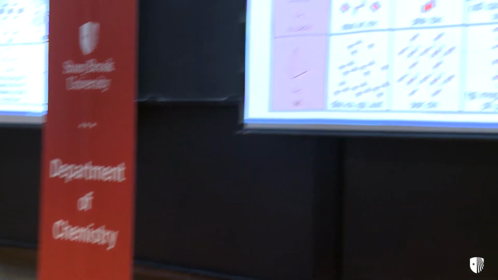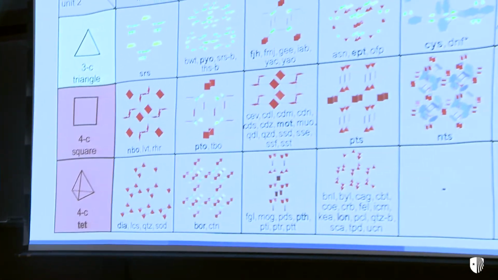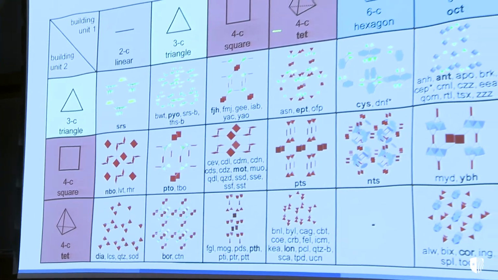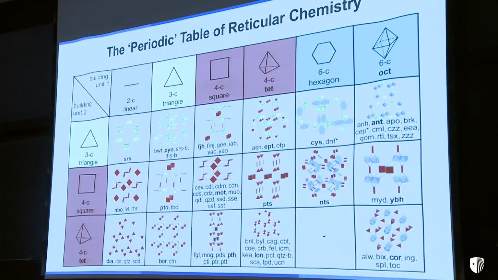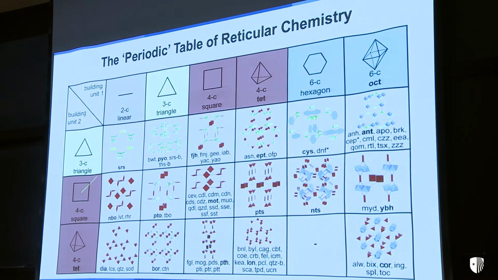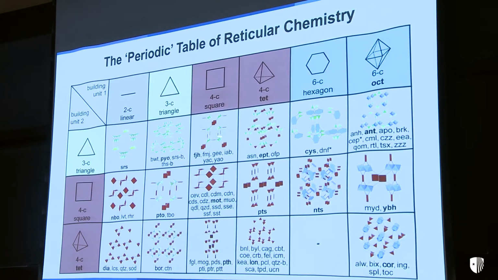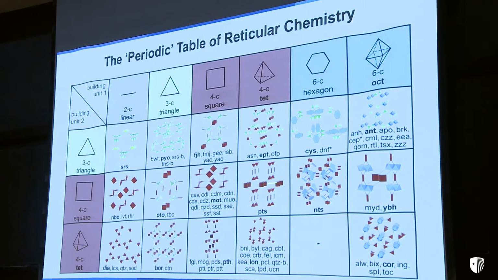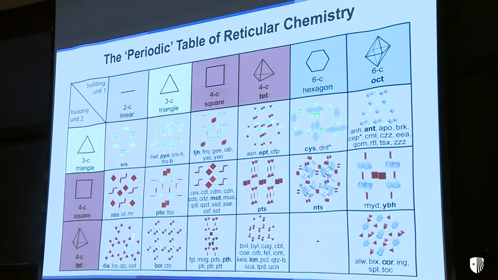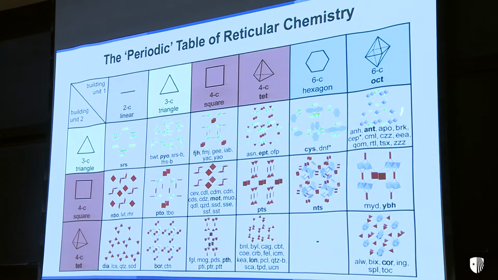Well, we have then developed this periodic table of reticular chemistry. Basically, if you can define the shape of your building units, you can combine your building units and make these nets. Each one of these nets has been made as a MOF from these combinations.